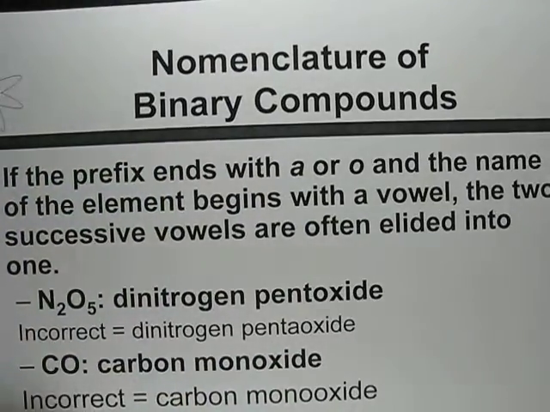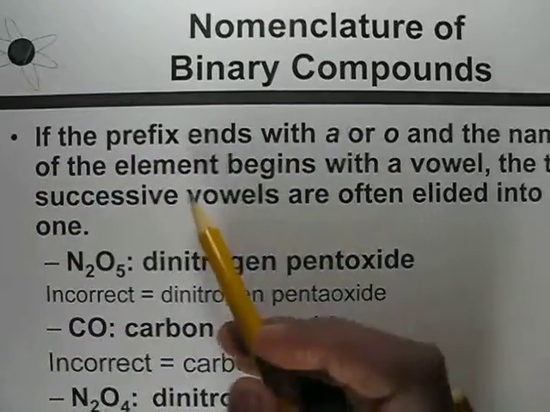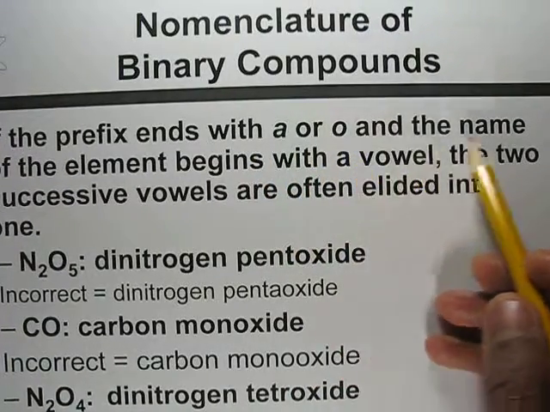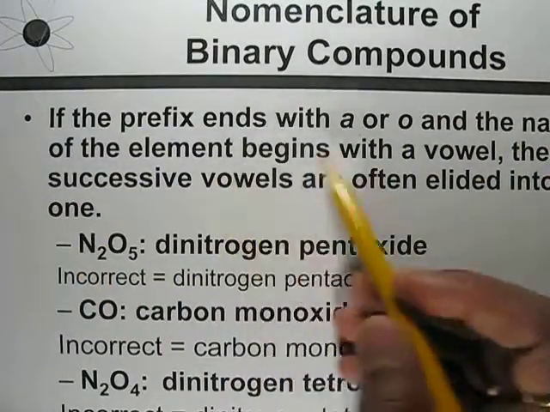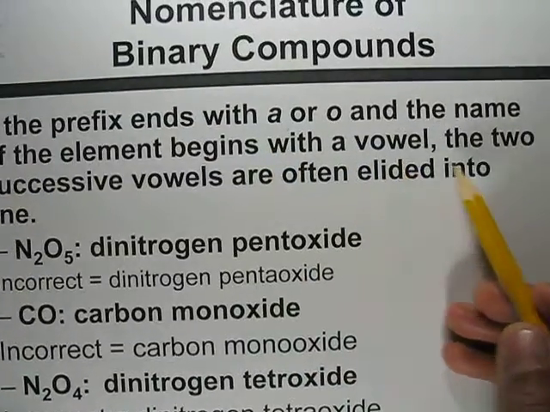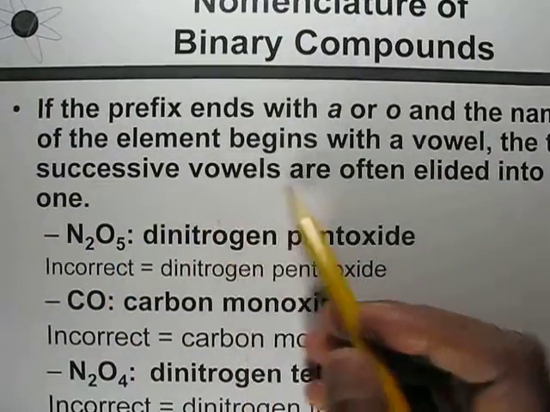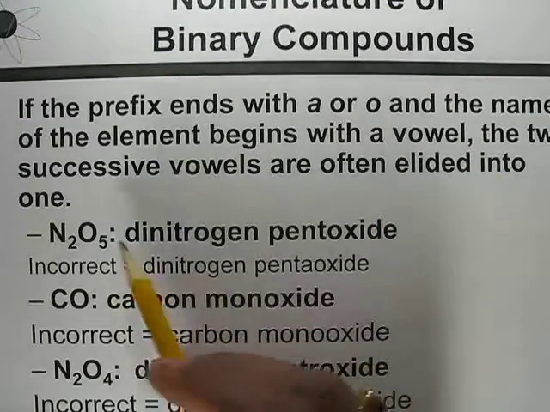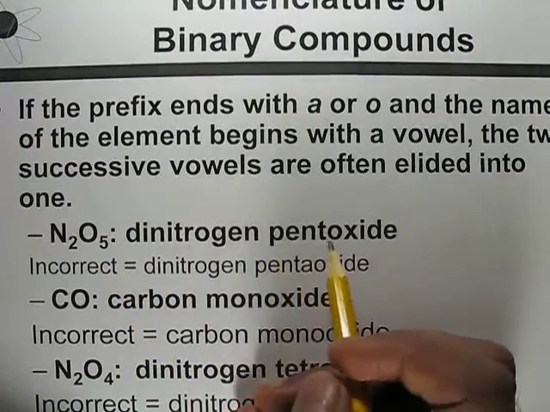Let's see some more examples. If a prefix ends in a or o and the name of the element begins with a vowel, the two successive vowels are often elided into one. For example, dinitrogen pentoxide.